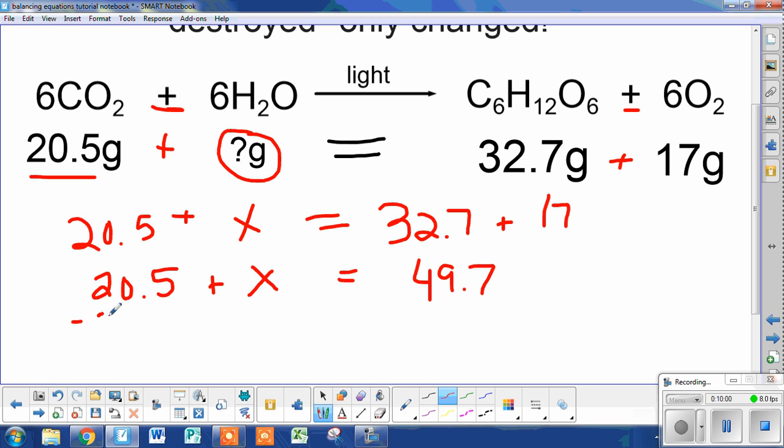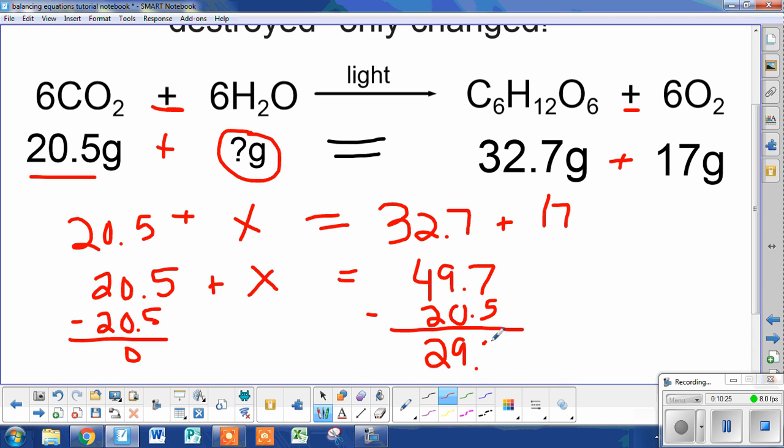So I'm going to subtract 20.5 from this side. 20.5 minus 20.5 is going to give me 0. Whatever I do to one side, I have to do to the other, so I subtract 20.5 from this side too. When I subtract 20.5 from 49.7, I get 29.2 grams.